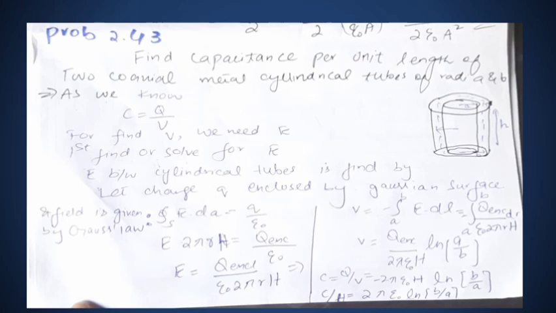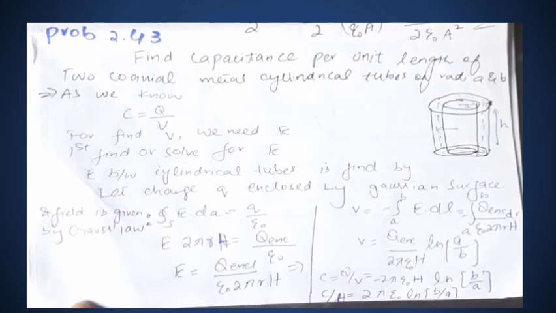V is equal to minus the integral, with limits from a to b, of E dot dl, which is the integral where we put the value of E here: Q enclosed over epsilon naught 2 pi r h dr. So we take the integral of 1 over r dr, which gives ln, and after putting in the limits we get ln of b over a.